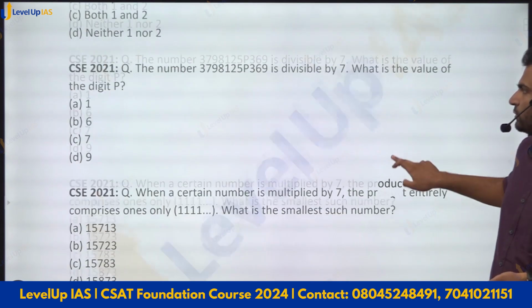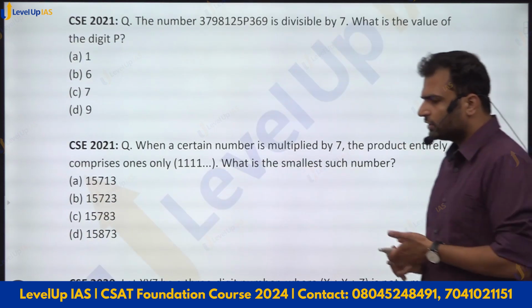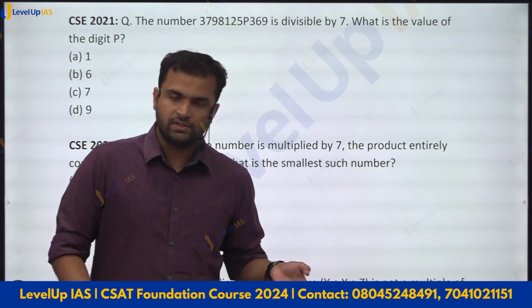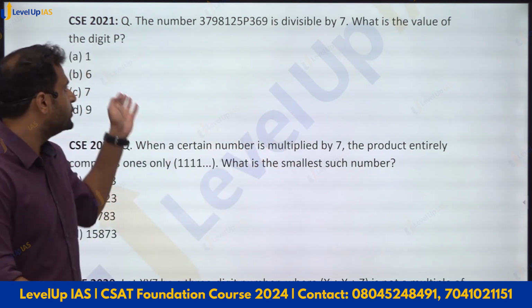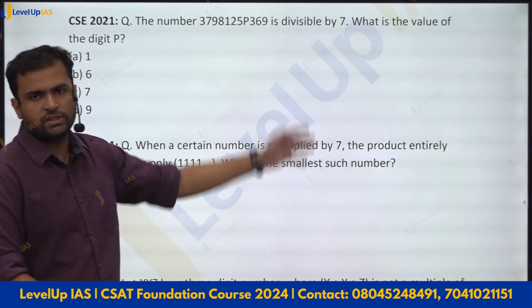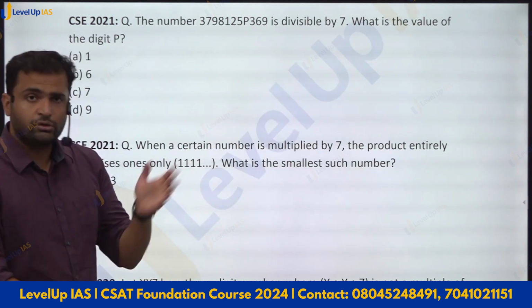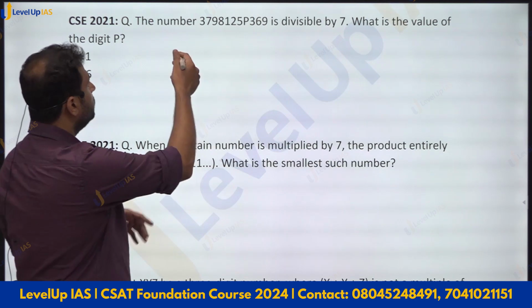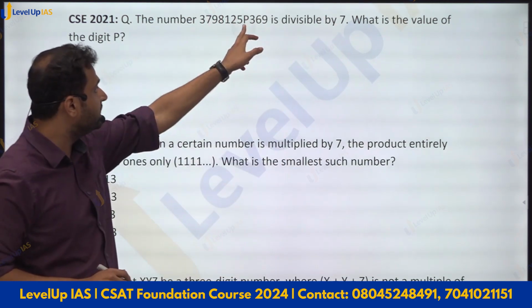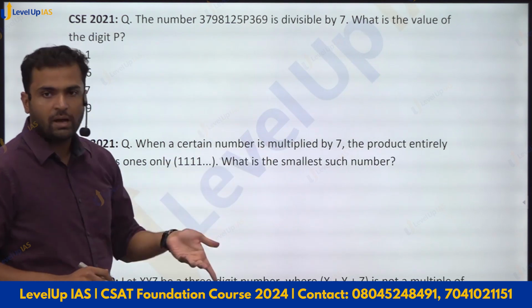Now let us see the next question. Next question again is conceptually very easy. I mean, there is nothing really in it. You just have to check the divisibility. And how do we check? We just check the divisibility by actually dividing. We want this particular number to be divisible by 7, and we have to choose a digit here, p, such that it happens.